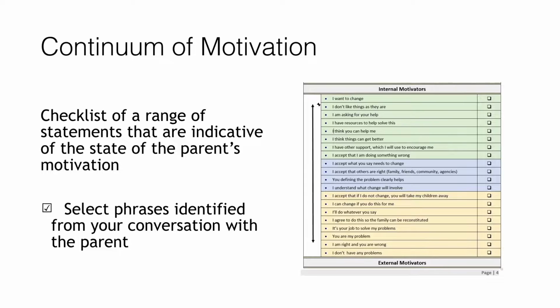To record the continuum of motivation, the checkboxes identify any statements used by the parent. This provides a visual indication of the main concentration of motivation. Is it an internal or an external motivation bias? An internal motivational bias would be promising. An external motivational bias would indicate that further work is needed to develop a stronger foundation for change.